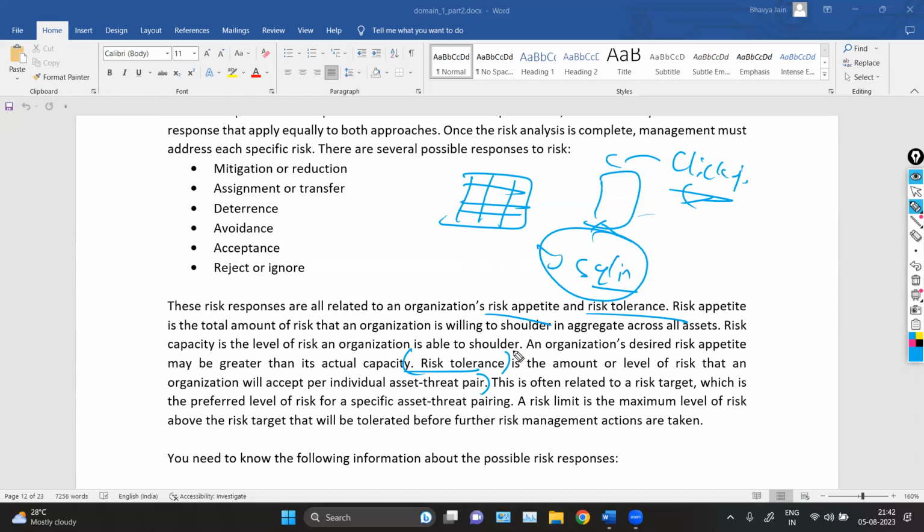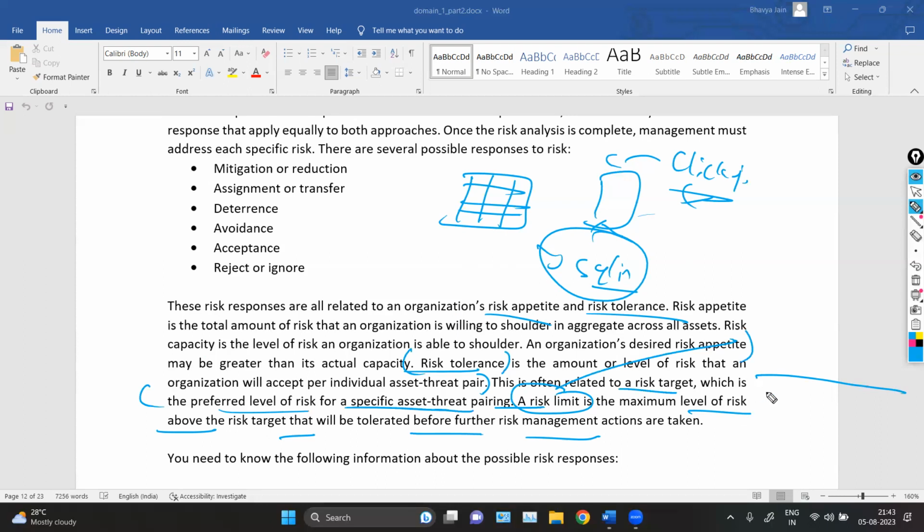So it depends. Then this is often related to risk target, which is the preferred level of risk for a specific asset threat pairing. Then we have risk limit, which is the maximum level of risk above the risk target that will be tolerated before further risk management actions are taken. You can think of the risk limit as a boundary.